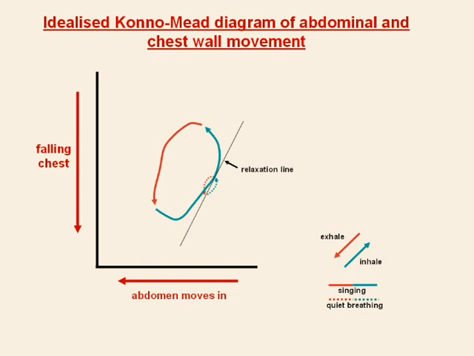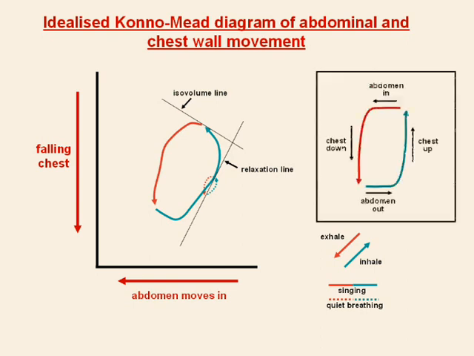The second reference is the isovolume line. Any movement parallel to this line represents a relative adjustment of the chest and abdominal walls that produces no overall change in lung volume. Here is a summary of how the diagram is interpreted.